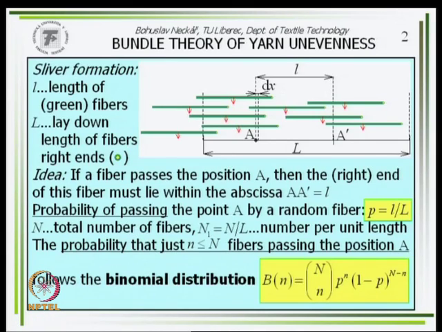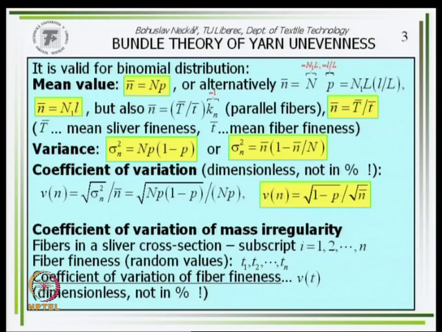It's evident from your first lectures about the theory of probability. You know about the binomial distribution that, for example, the mean value n bar is capital N times P, number of all fibers times probability.